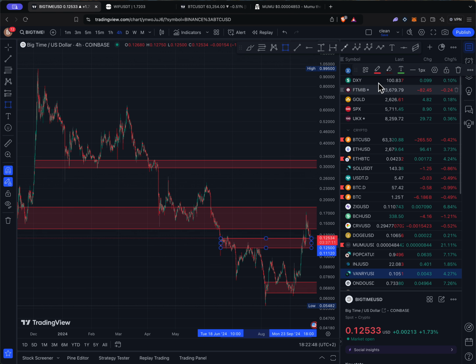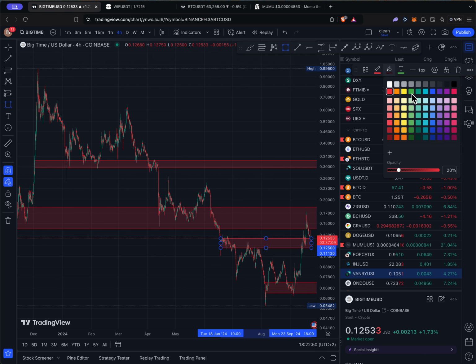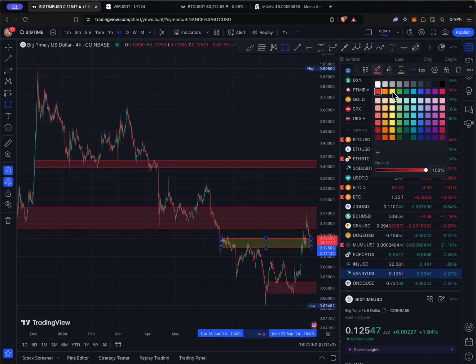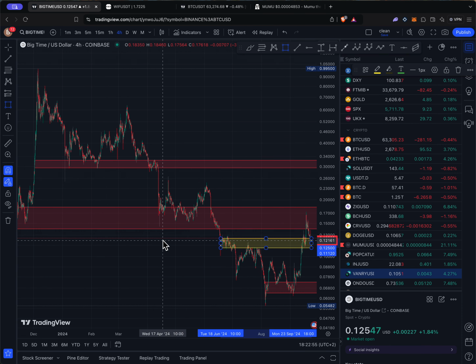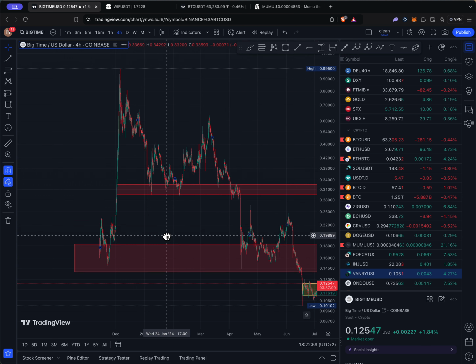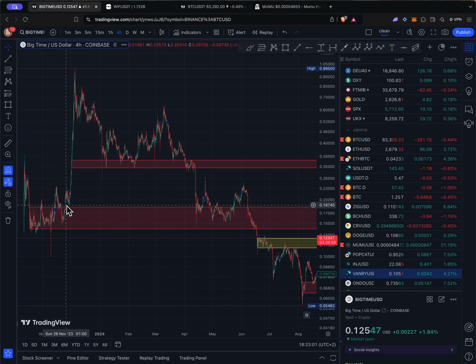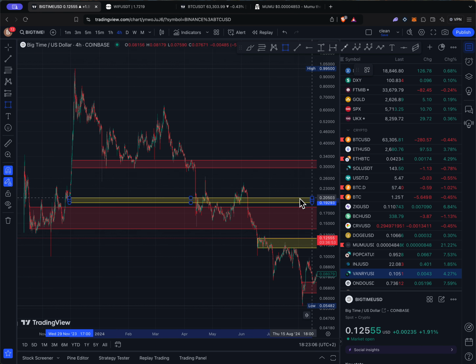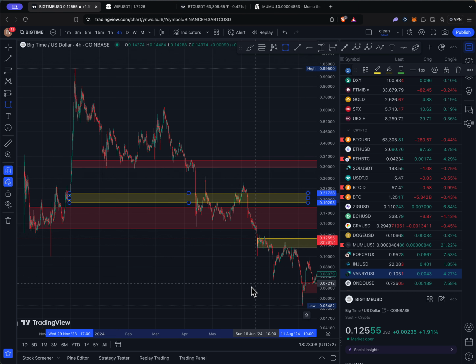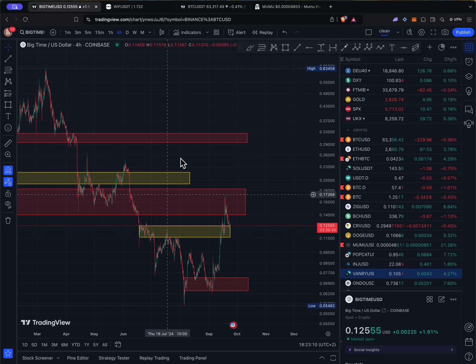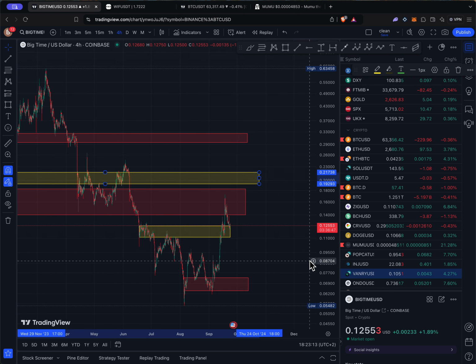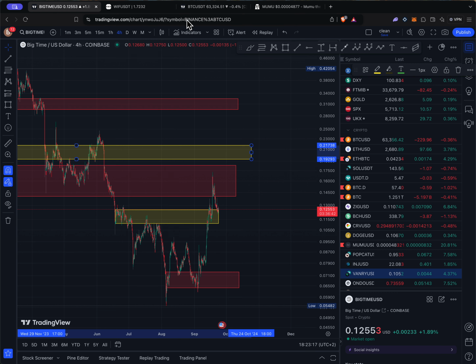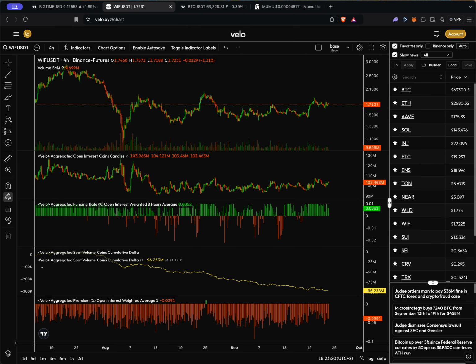Gonna change color now. Let's put yellow. We have this one, also another one on a lower time frame. All right, so BigTime, gonna check on Velo.